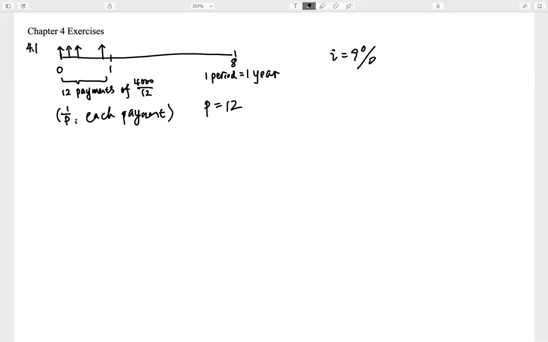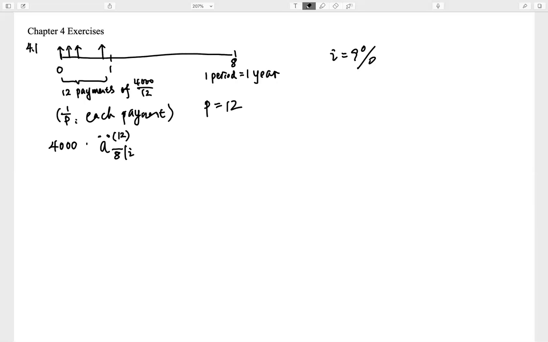So we have a little factoring issue you need to take care of. What we have would be 4,000 times the annuity due, where upper P is exactly 12 payments each year, and we have 8 years. That i is 9%.